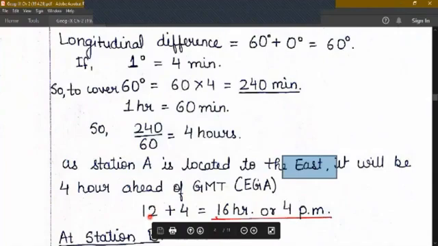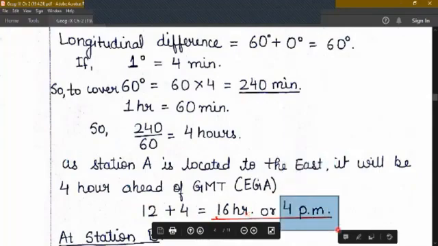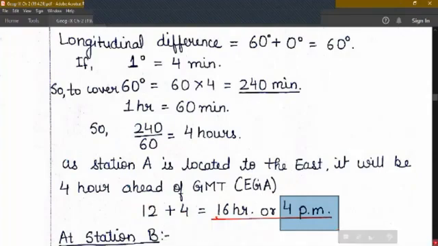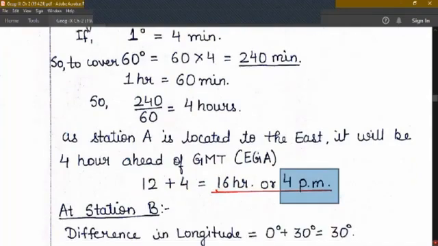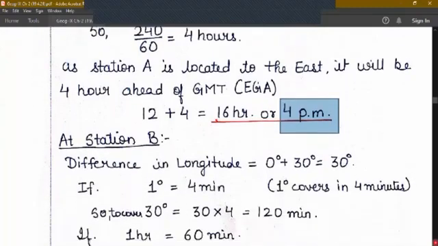So we are going to add, because it is 12 noon at the prime meridian or Greenwich meridian time, plus 4 hours, that is equal to 16 hours, and if we convert it into the other format, it will be 4 p.m. So our answer is 4 p.m. So at station A, the time is 4 p.m. if it is 12 noon at the prime meridian. Understood?